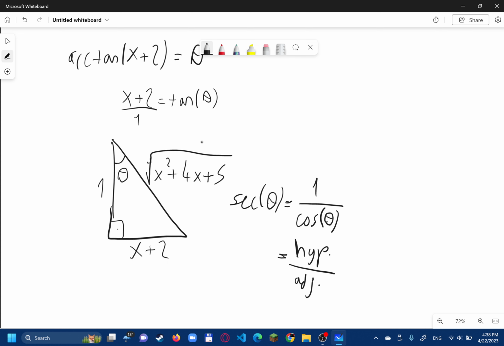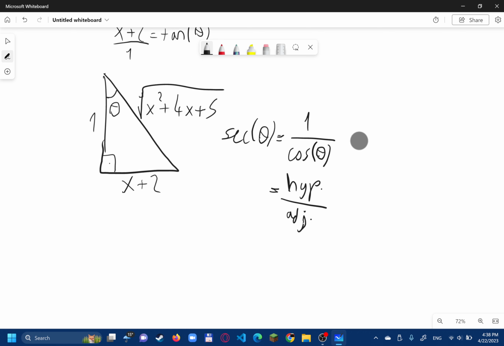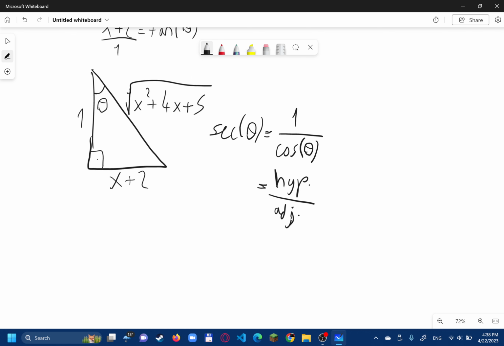So secant, by definition, becomes the hypotenuse over the adjacent side. So if we use this formula on this triangle we constructed, it becomes the square root of x squared plus 4x plus 5 divided by 1. But I'm not going to write 1 because it's the same thing.